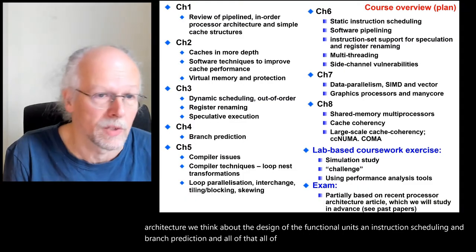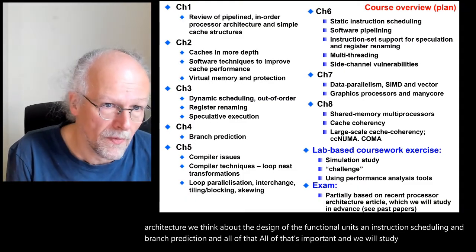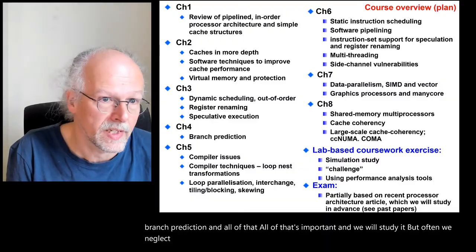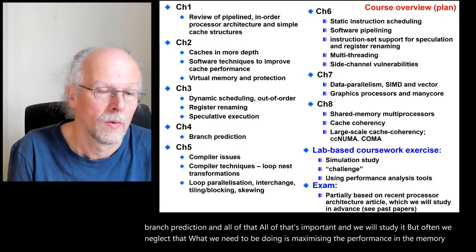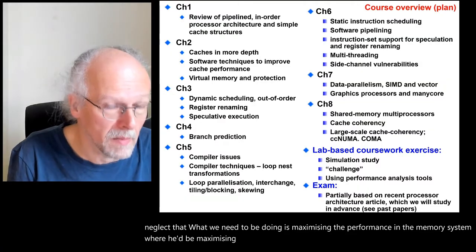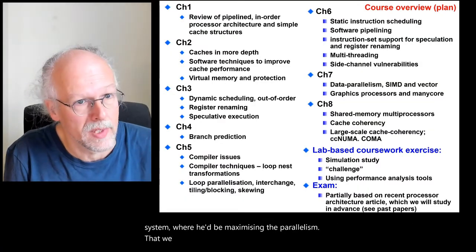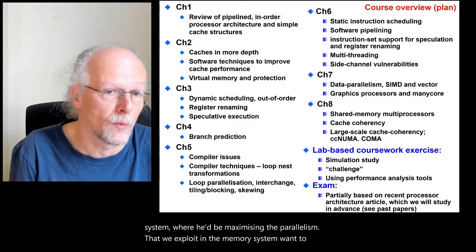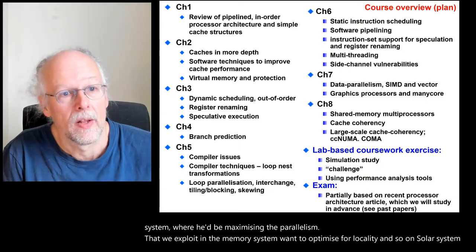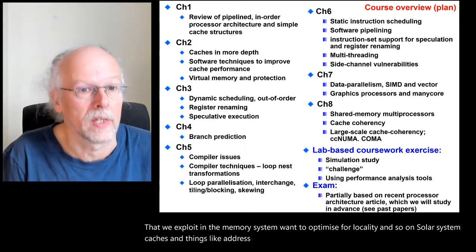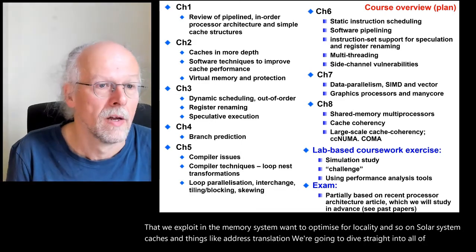All of that's important and we will study it, but often we neglect that what we need to be doing is maximizing the performance in the memory system. We need to be maximizing the parallelism that we exploit in the memory system. We want to optimize for locality and so on. So the memory system, caches, and things like address translation, we're going to dive straight into all of that right at the beginning.